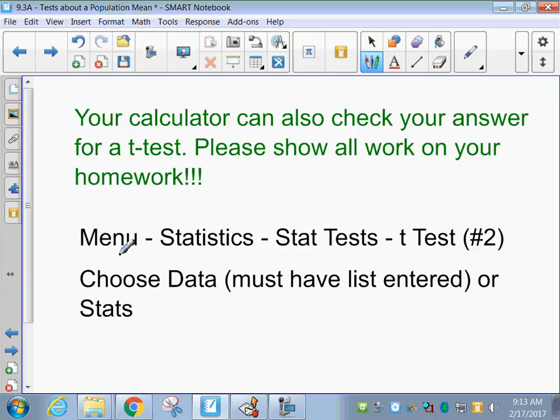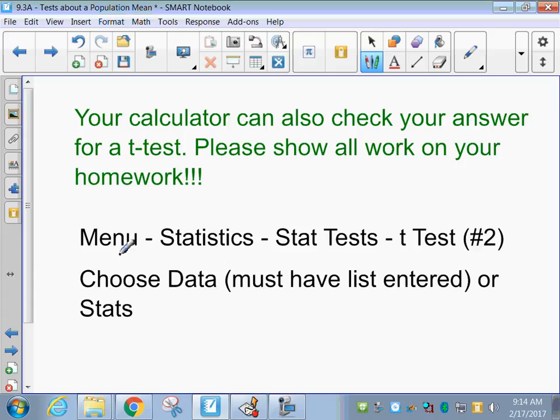So if you guys want to find that on your calculator really quick, you go to stats, stat tests, and t-tests. Okay? And then you can choose data or statistics. So data means you have to have a list already plugged in, right? Statistics, so if you guys go to statistics, that's where you would plug in the null hypothesis.